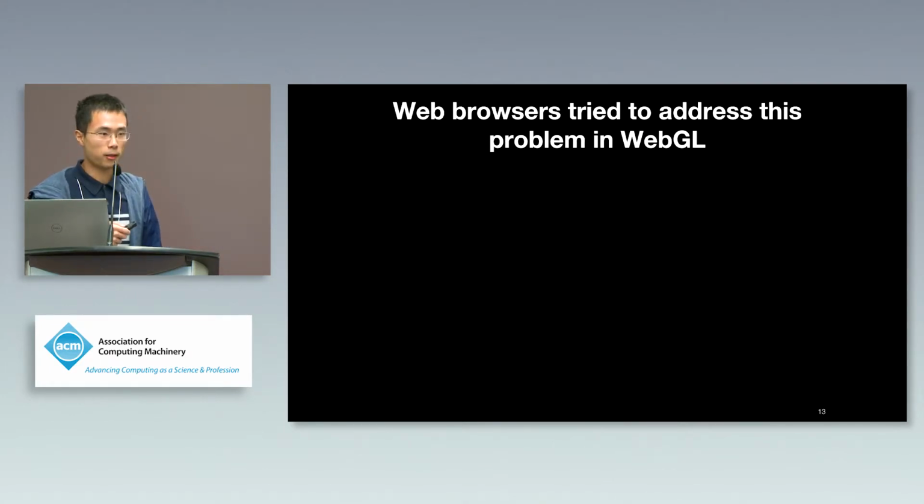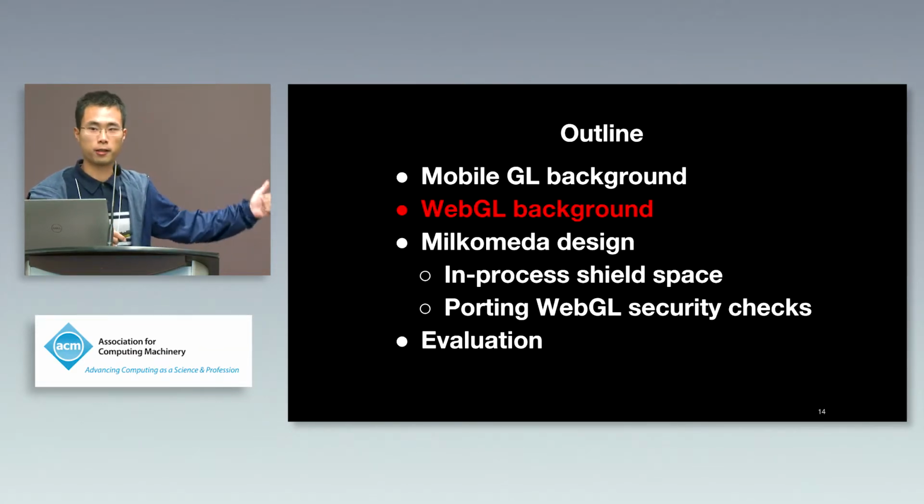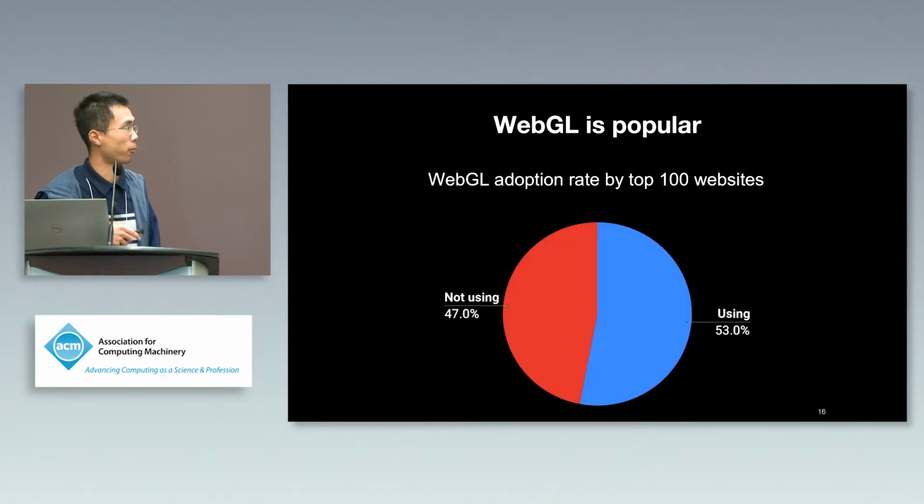Actually, the web browser people are already trying to address this problem, and they came up with a solution. So let's see if we can reuse that. I want to quickly go over what WebGL is. Basically, WebGL is a wrapper for GLES APIs for JavaScript. It was introduced in 2011, and over the years it has grown very fast and become very popular.